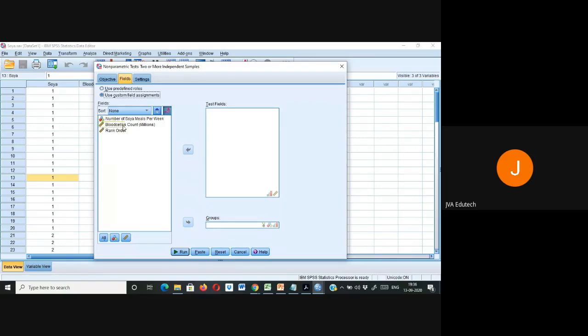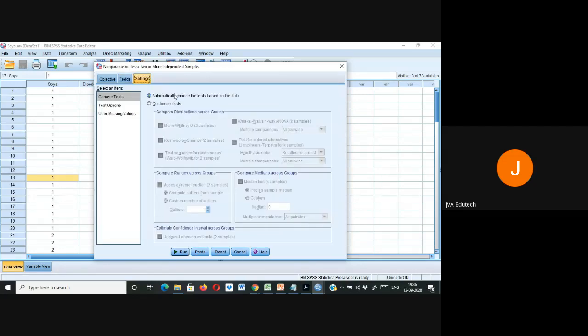So it's better we take this blood cells count in millions and this number of soya meals into the groups. Now next, select settings. In the settings, choose test. Select customize test, and you have to choose Kruskal-Wallis one-way ANOVA for K samples.